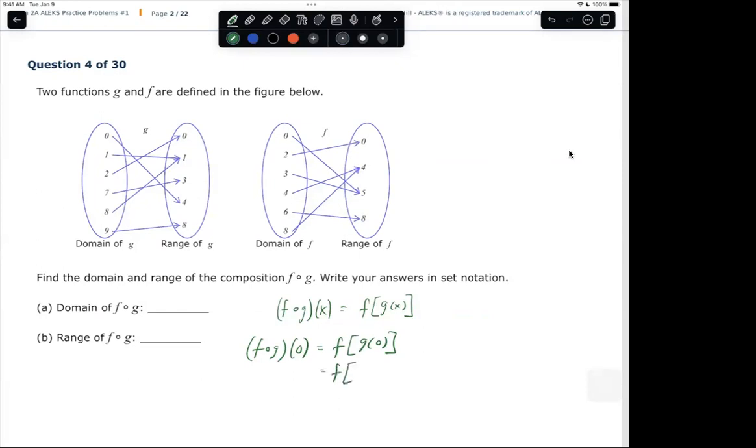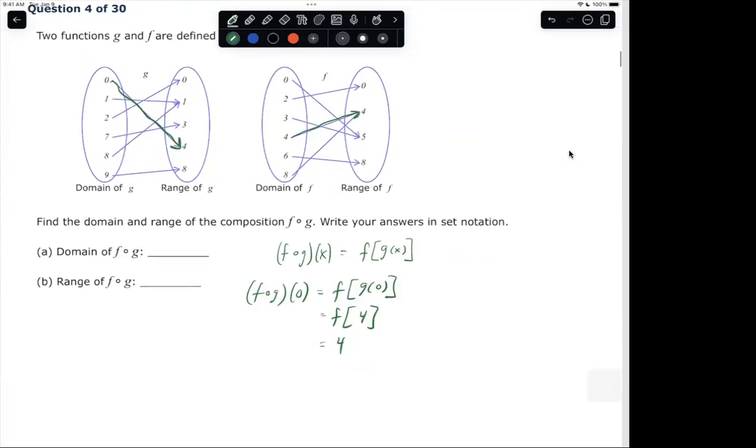So f of g of 0 is 4, and we can see that because of this arrow right there. And so now this just becomes f of 4. What is f of 4? F of 4 is 4. Yeah. Good. So this becomes 4.